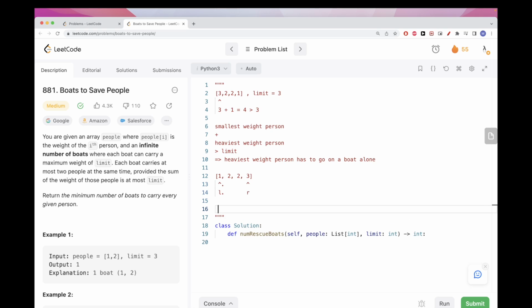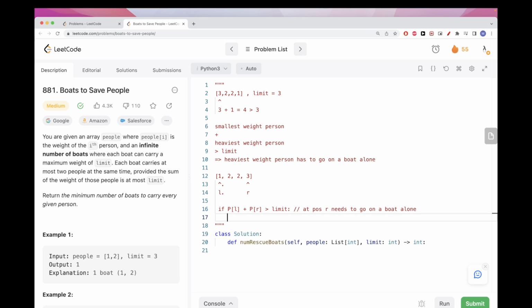And now we can just check, is left plus right. Let's call the array of people P. So if the weight of the smallest person right now plus the heaviest one is bigger than limit, that means the person at position R needs to go on a boat alone.